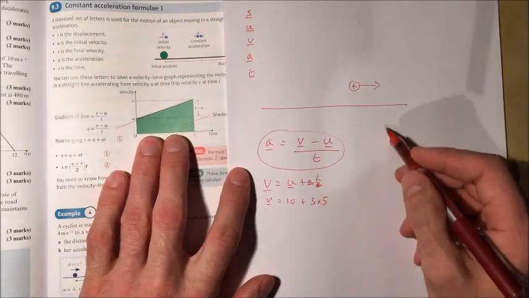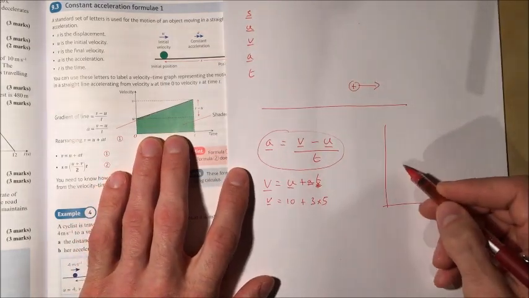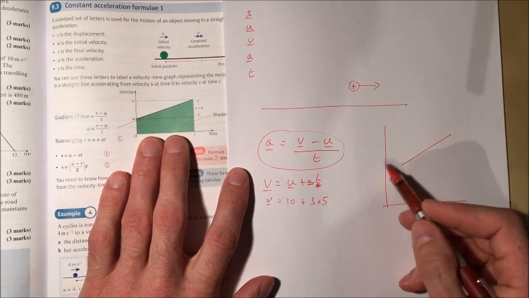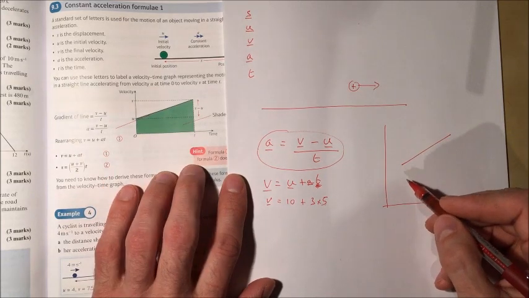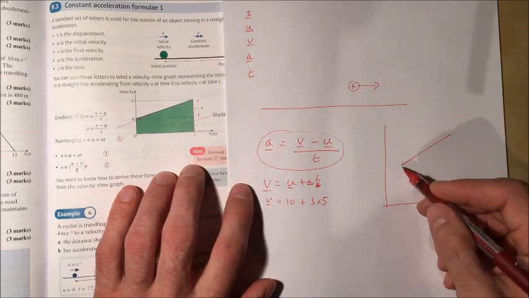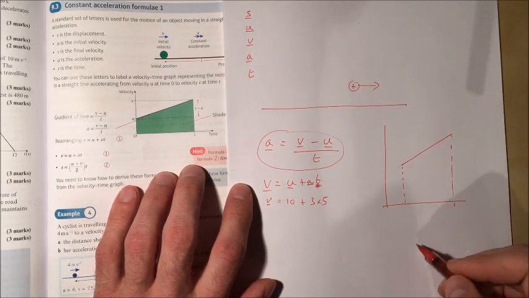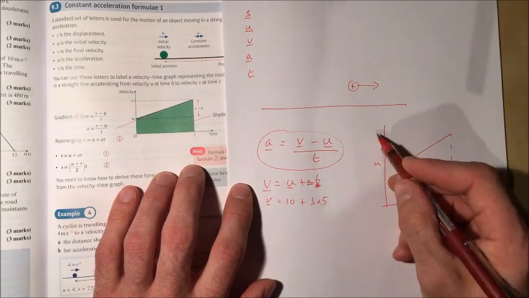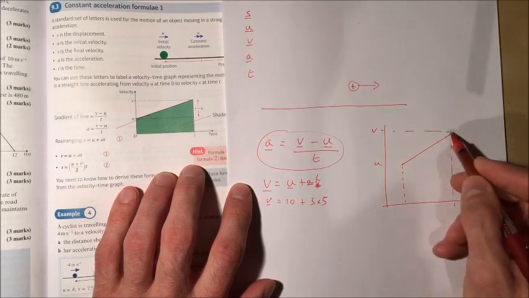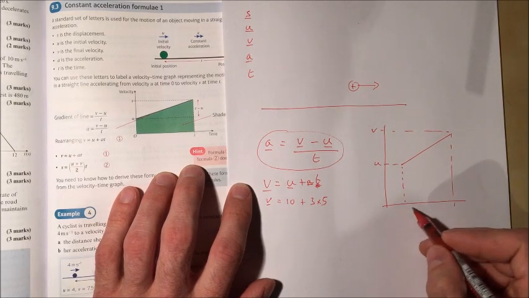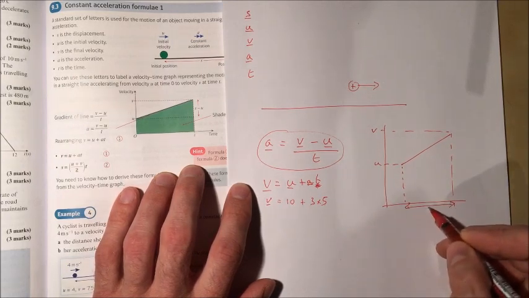The second straightforward equation comes from here. If we think about a constant acceleration situation on a velocity time graph, I'm going to draw my line here because there's no need to start off at the axis. We have an initial velocity and a final velocity, u and v. The time taken is this distance here.